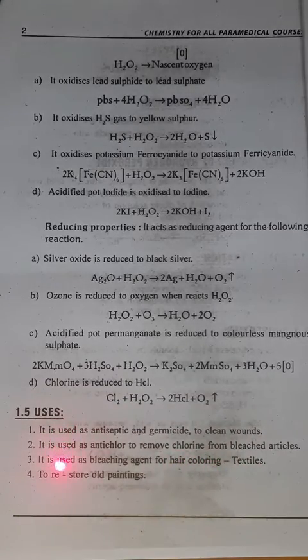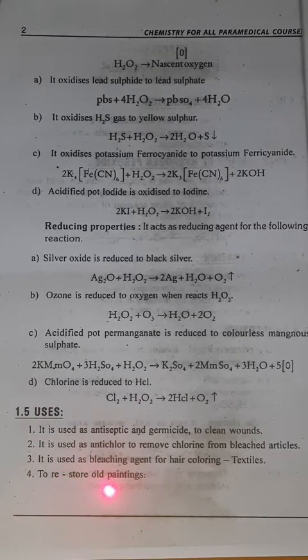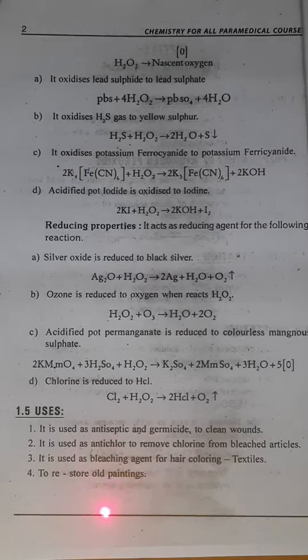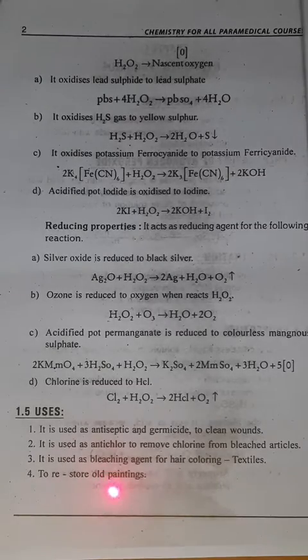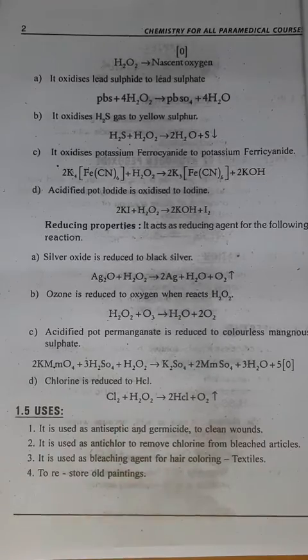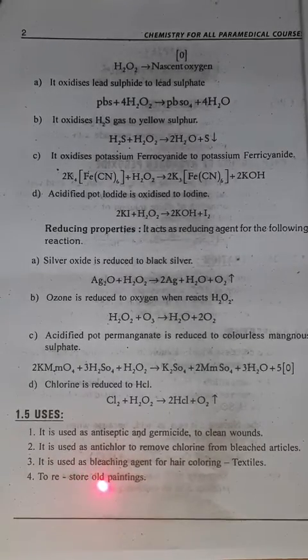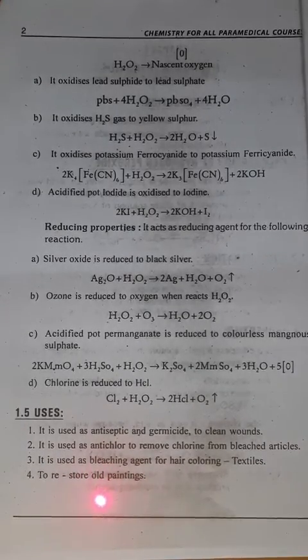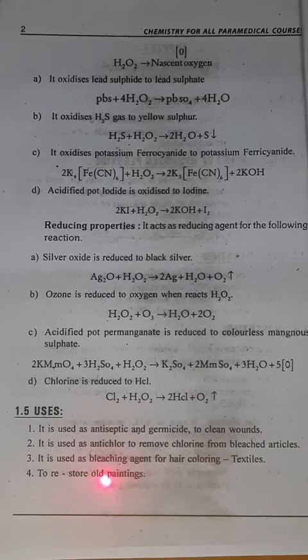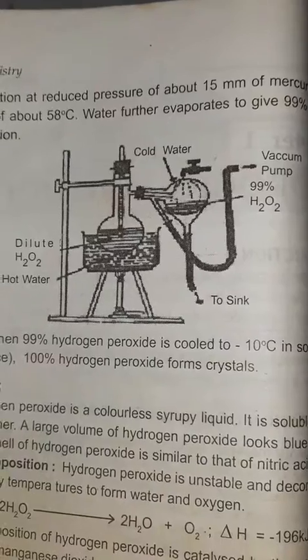Then the last one, to restore old paintings. So using hydrogen peroxide we can restore old paintings properly and without any harmful damage to the paintings. Okay students, so this is about hydrogen peroxide.